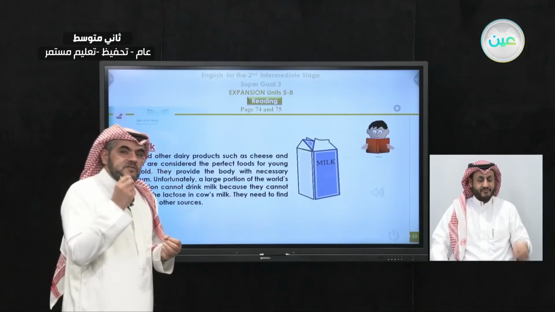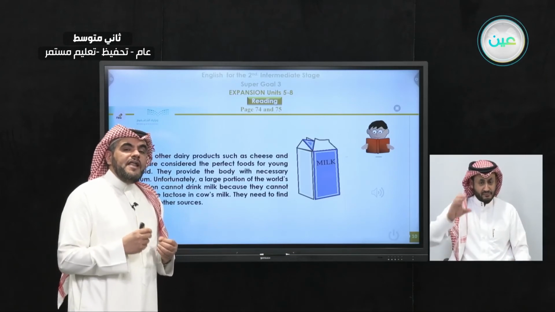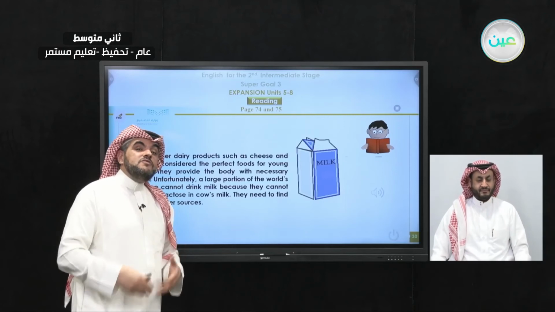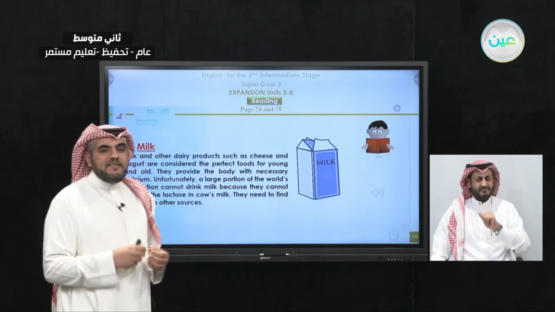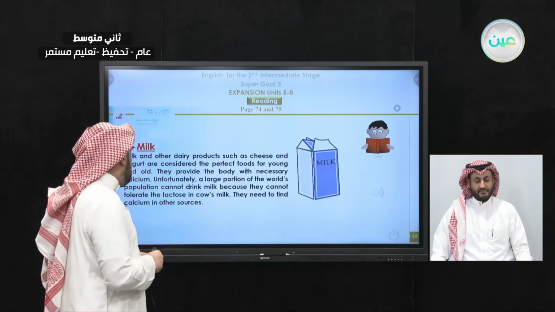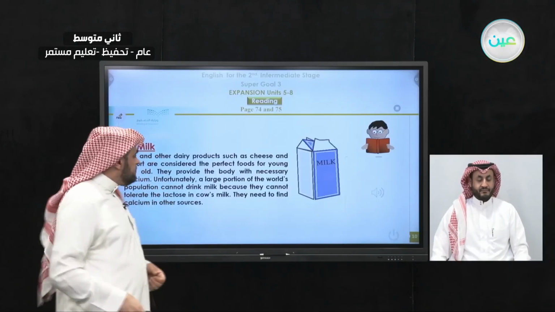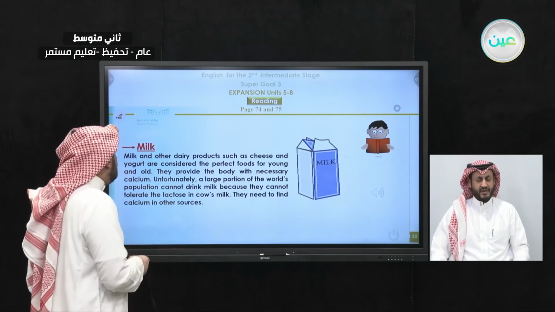There is a content in the milk which is called lactose. Okay, it has a taste that so many people don't like in milk. So the reason why people don't like milk is because of the lactose. Okay, they need to find calcium in other sources.